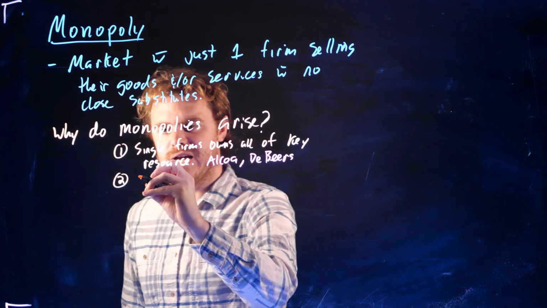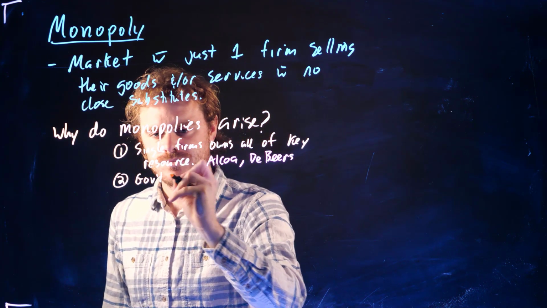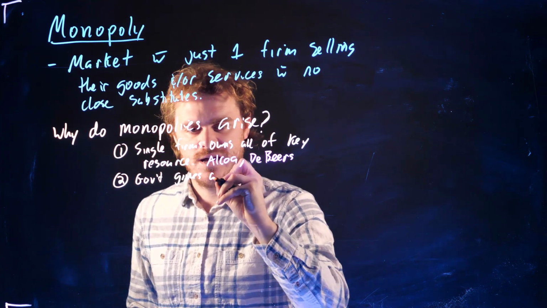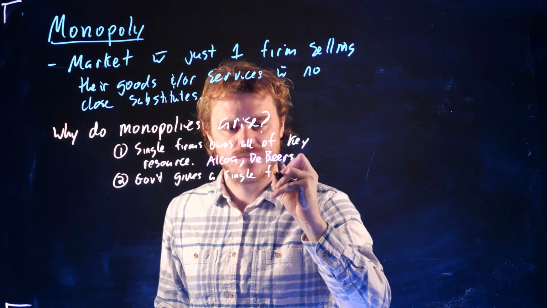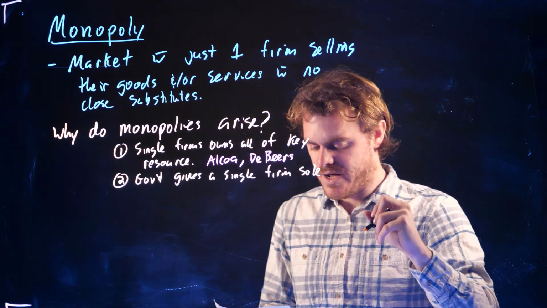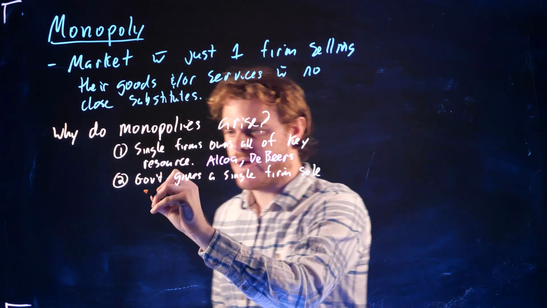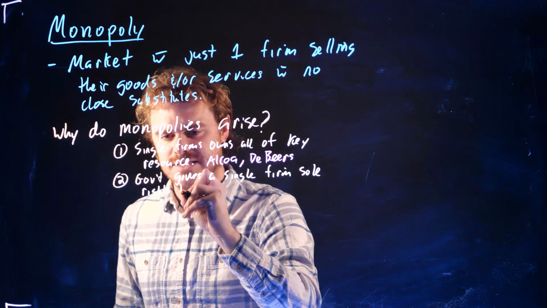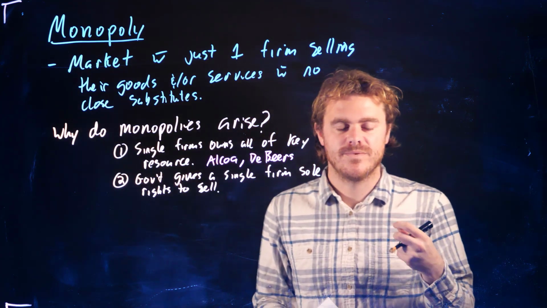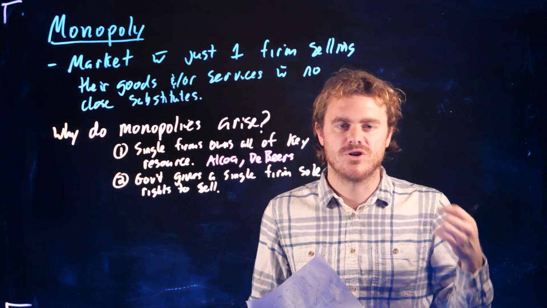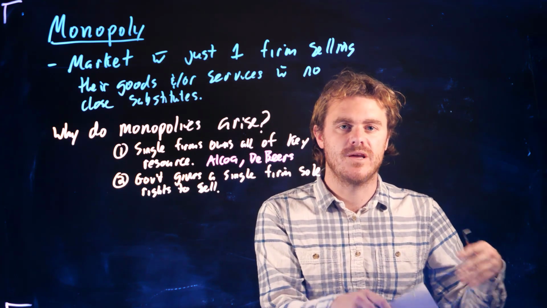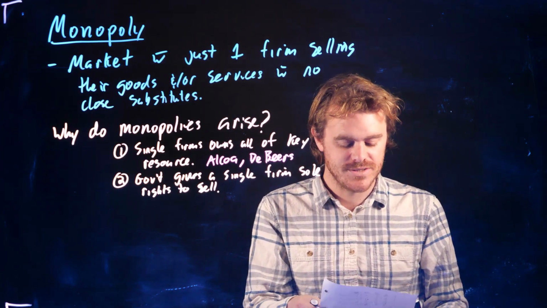The second is that sometimes governments give a single firm sole rights to sell. So government regulates certain industries, and in some industries they might only give one firm the ability to sell this good or service.